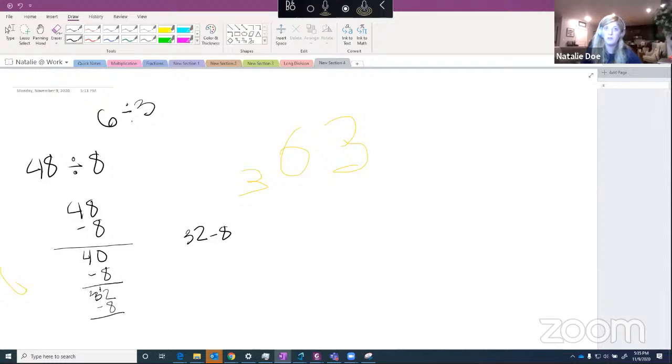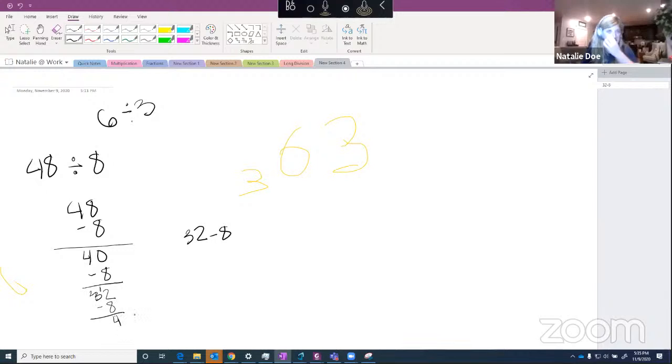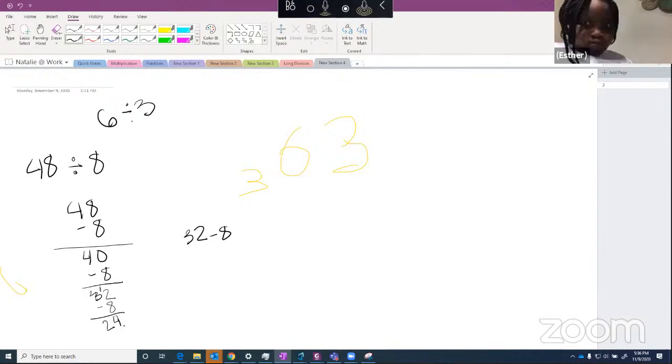What's 12 minus 8? You're exactly right, Modi. 12 minus 8 is 4, and then we carry the 2 down. So 32 minus 8 is 24.